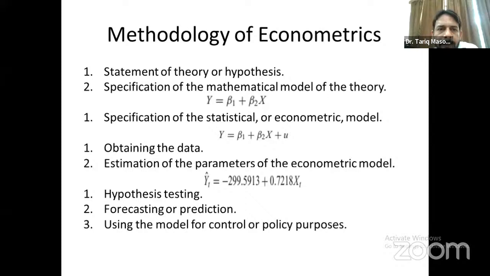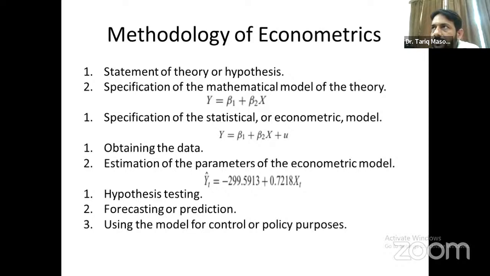Okay, as far as the approach of econometrics, the methodology of econometrics, is concerned, these are the steps that we deal with. The numbering, I think, is not correct. So the first step is a statement of theory or hypothesis.